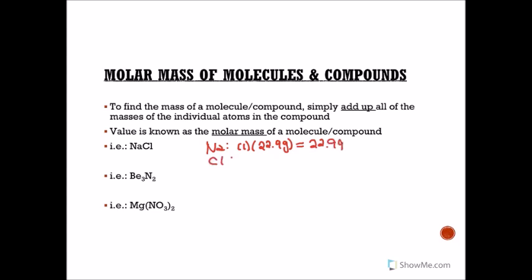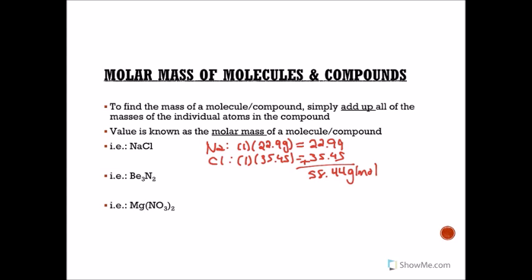And then we have chlorine. We'd look that up. We have one chlorine. 1 times 35.45 is 35.45. And then we add up those numbers. 22.99 plus 35.45. We get 58.44 grams per mole.